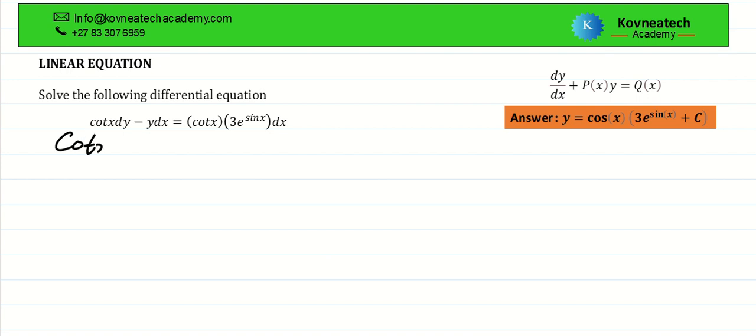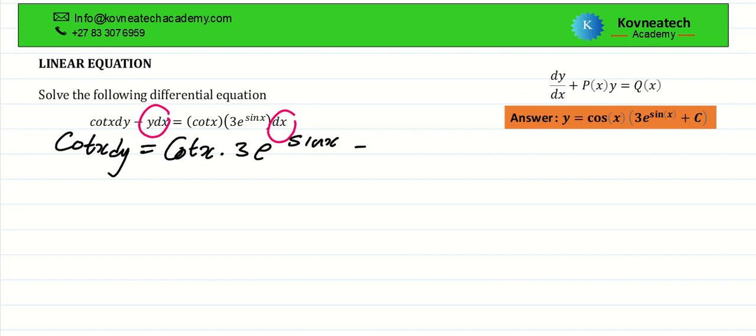You have cot x dy equals to, you see there, the like terms are dx. There's a common factor there, which is dx. So I'm gonna group the dx on the right hand side. You will have cot x times 3e to the power of sine x plus y, dx. This is my expected answer.